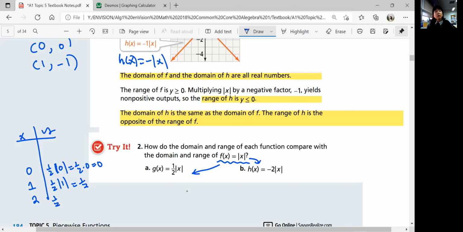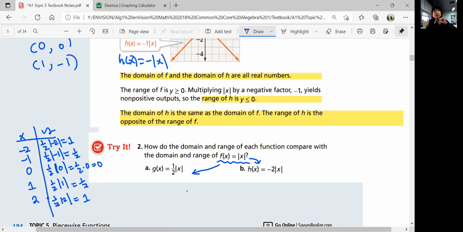For 2, 1 over 2 times absolute value 2, so positive 2 divided by 2 is positive 1, and so on. What about negatives? 1 over 2 times the absolute value of negative 1 is positive 1 divided by 2, so it's positive 1/2. Negative 2: 1 over 2 times the absolute value of negative 2 is positive 2 divided by 2, which is positive 1. So all your range would be positive.